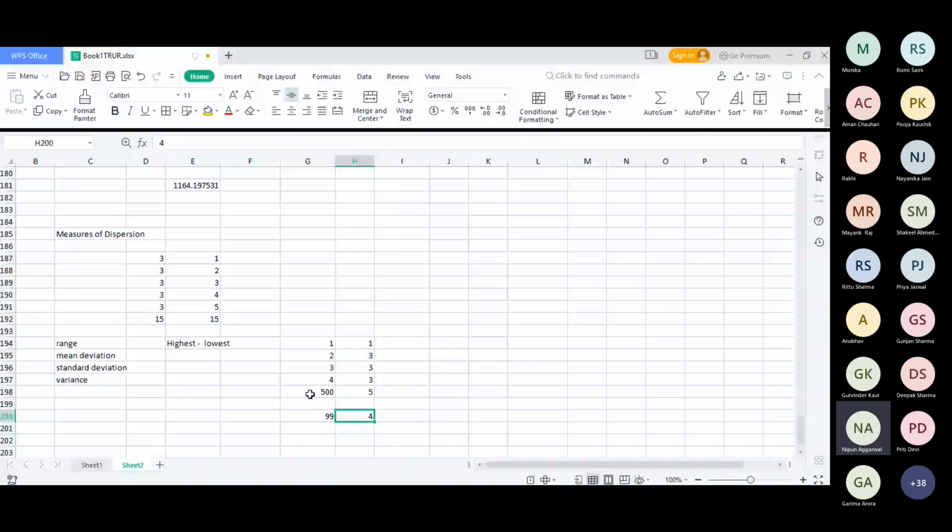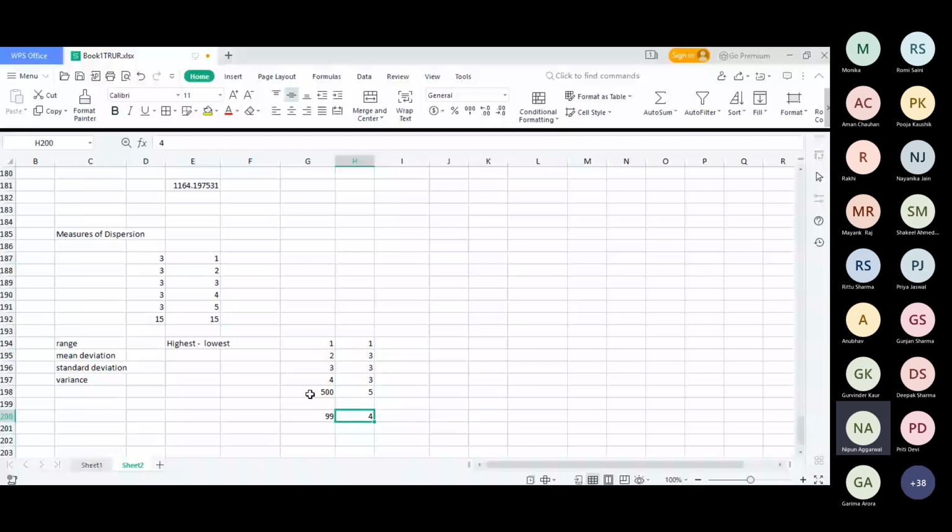So that is the major drawback of calculating variation from the range, because its calculation uses only the extreme values of the data. It does not take into account every value of the data. That's why we hardly use the range as a measure of dispersion, but we use the range for finding outliers.